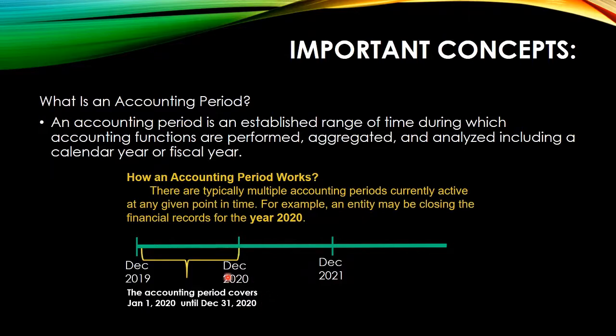So our goal here is not to include the income and expenses from the previous accounting period, which is the year 2019, and the income and expenses for the next accounting period, which is the year 2021, and to have accurate amounts for assets and liabilities.